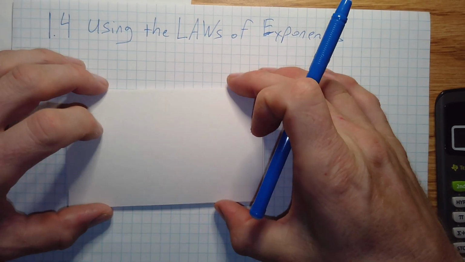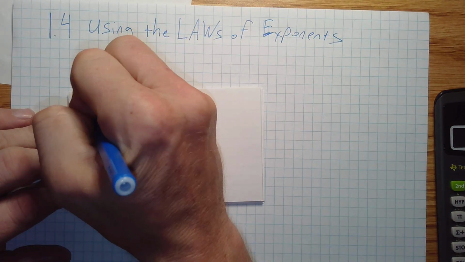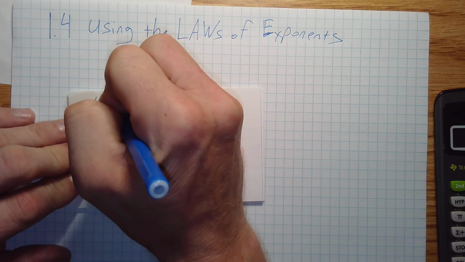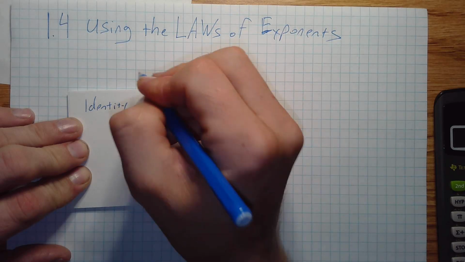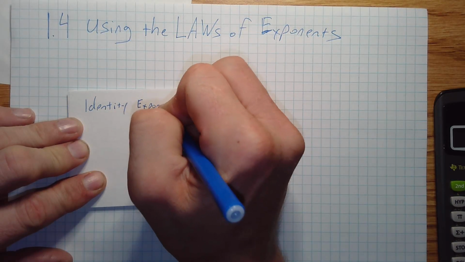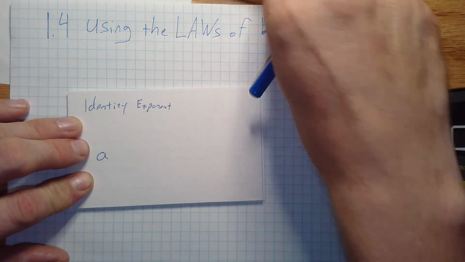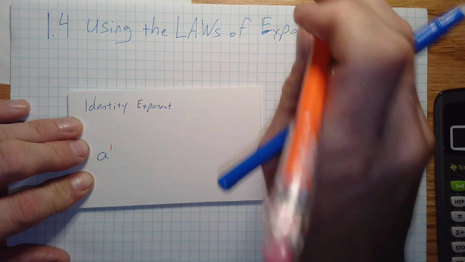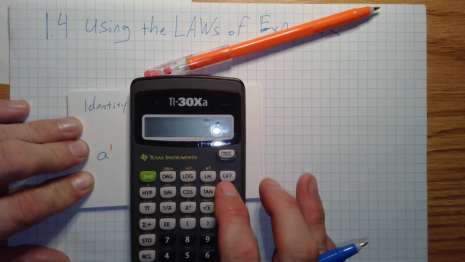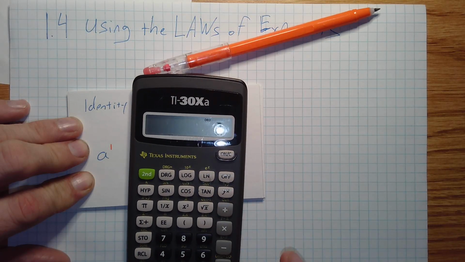So the first one is the identity exponent. This one's easy to remember, if you can spell it. If you have a base raised to the first, so anything like 6 raised to the first, it's itself. 2 raised to the first, it's itself.